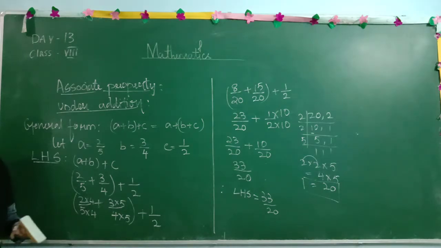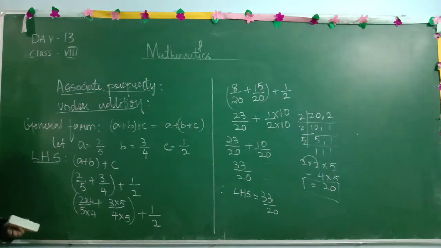Is that clear to everyone? I will explain one more time. We are doing the associative property under addition. In the associative property we have 3 terms, that is A, B, C. These are the general forms where A, B, C are any rational numbers, and we take our own numbers, or in the examination they will give numbers to you and ask you to verify the associative property, commutative property or closure property.